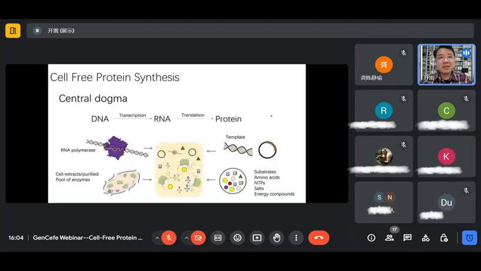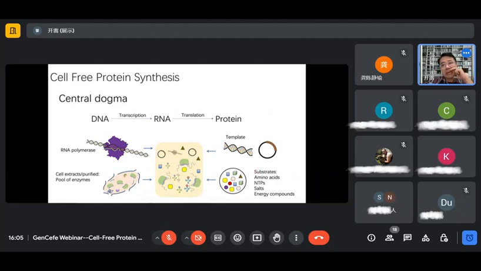First, what is cell-free protein synthesis? In one word, it is moving the central dogma from the cellular environment into a test tube. We reconstitute all the transcription and translation machineries from the cellular machinery in a test tube. This includes transcription and translation enzymes. Transcription is carried out by RNA polymerase, and translation is coordinated by the ribosomes, and of course the translation factors, amino acid tRNA synthetases, and other enzymes involved during the whole process.